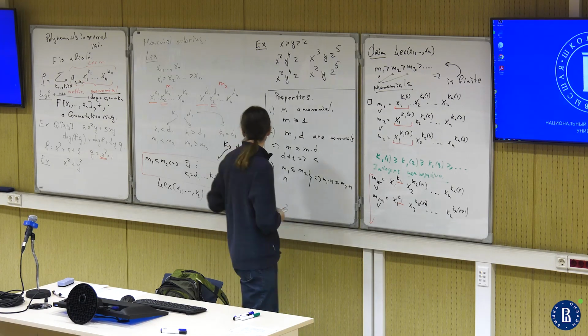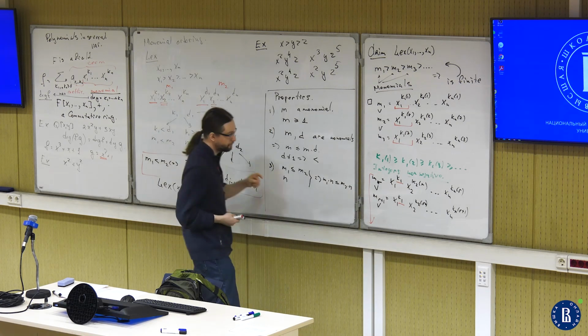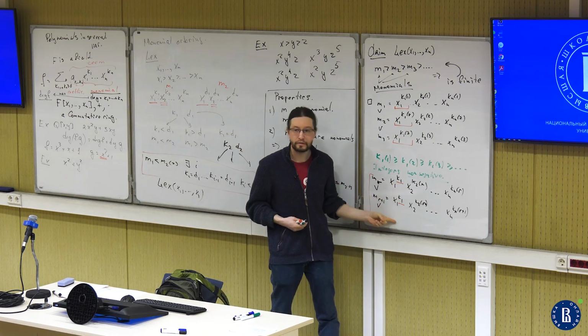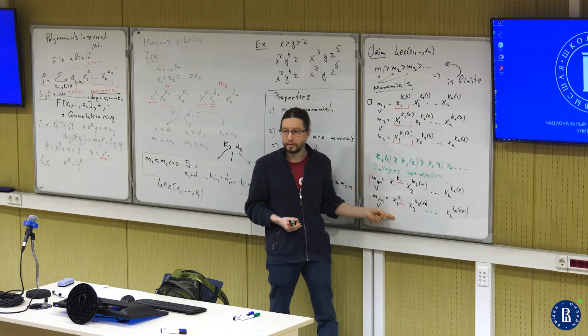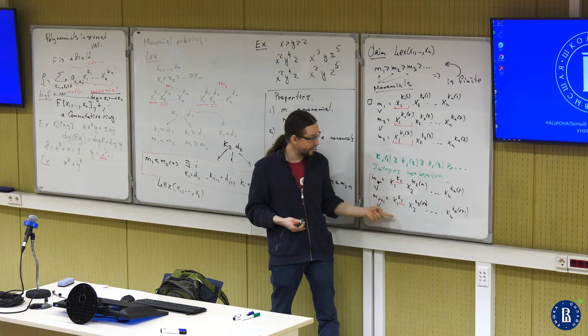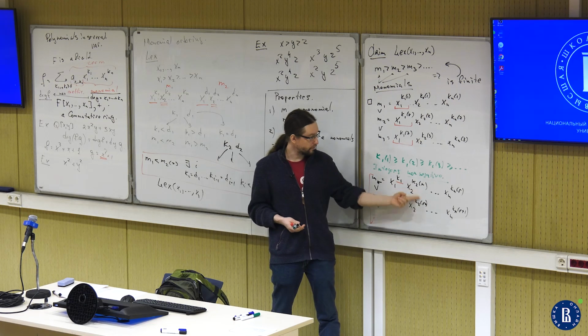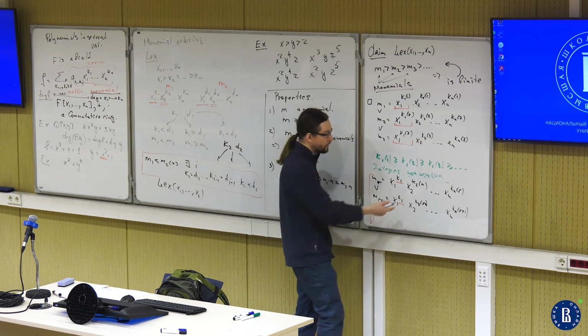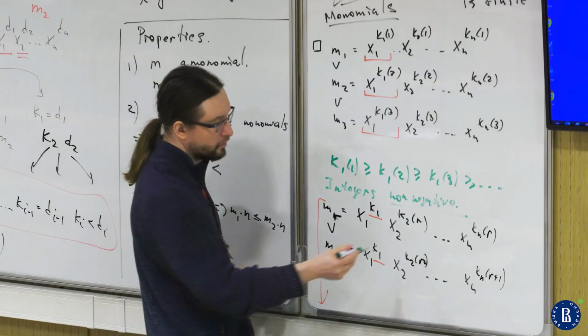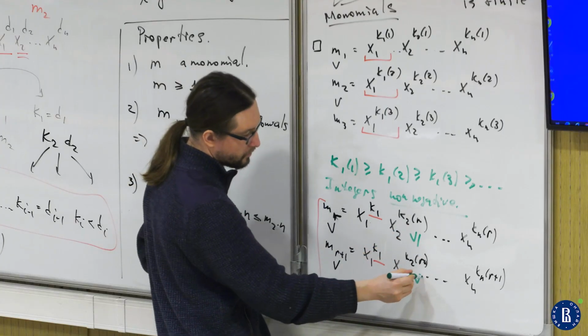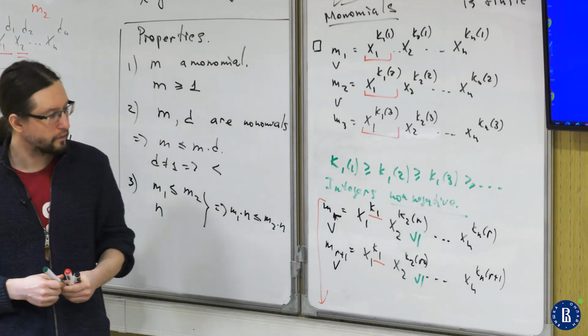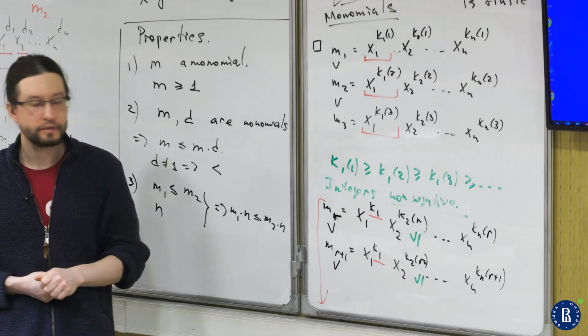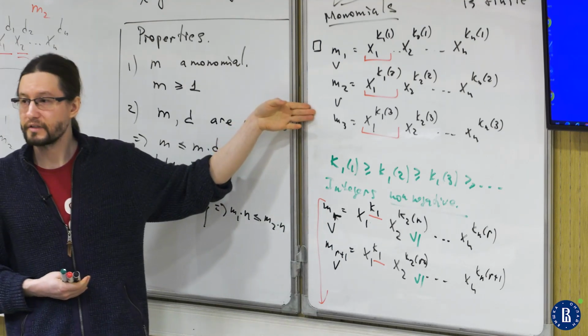So by the definition of the lexicographical ordering, if the degrees of the first variable are the same, then we can take a look at the second variable, and in this case, the degree of the second variable is a decreasing sequence of integers, as we had on the first step.